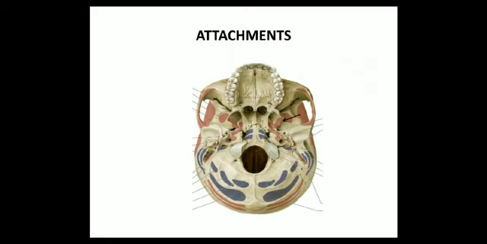The lateral surface of the lateral pterygoid plate gives origin to the lower head of the lateral pterygoid muscle. The medial surface gives origin to the deep head of the medial pterygoid muscle. The infratemporal surface of the greater wing of the sphenoid gives origin to the upper head of the lateral pterygoid muscle.